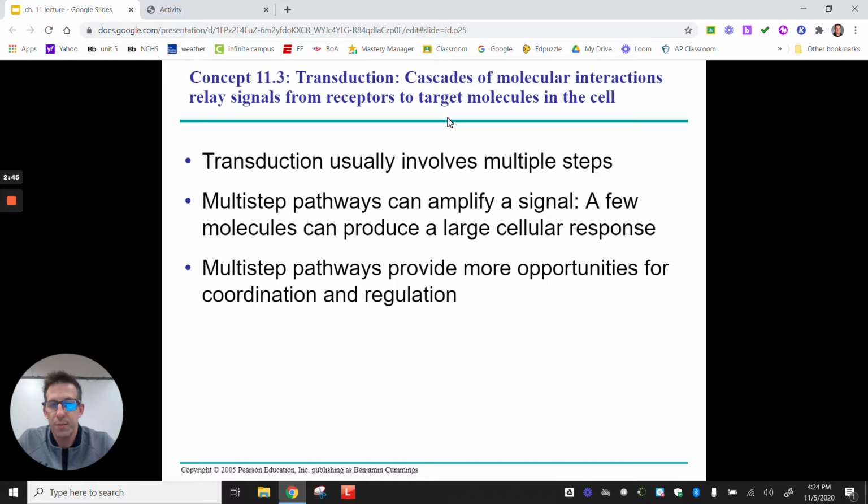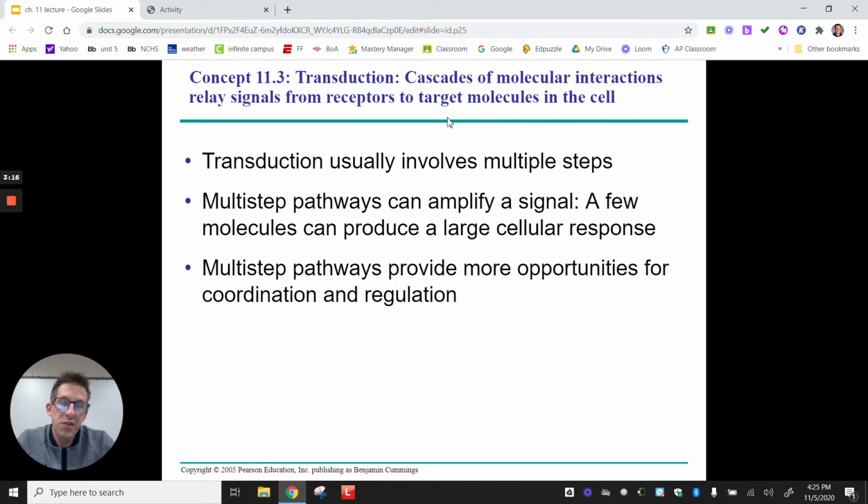The reason transduction involves multiple steps is because it can amplify the signal that started out as one molecule into a signal that includes millions of molecules. So that's one big perk of having these multi-step pathways, is that you can amplify a signal greatly. You can start with one molecule or a few molecules and produce a massive response as a result of using this.